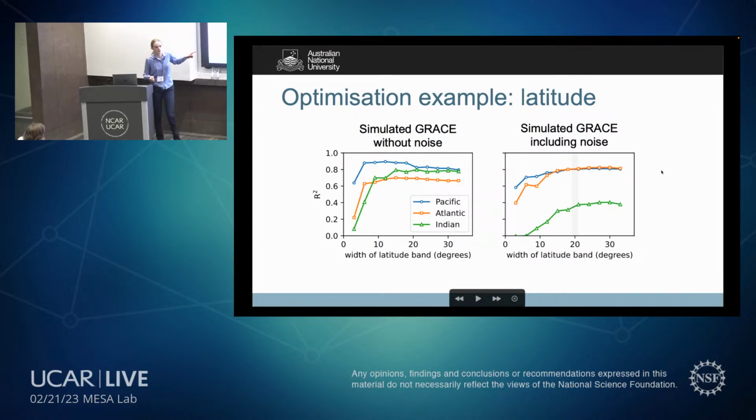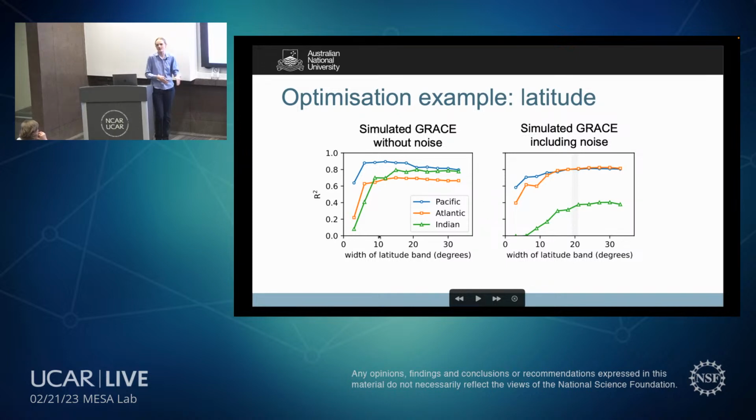That's one example, just looking at, do I use a little tiny bit of GRACE data or GRACE data for a larger width of the entire ocean basin? And if you don't include the noise, it looks like you max out at around 8 to 10 degrees of latitude, and it's not worth including any extra data.